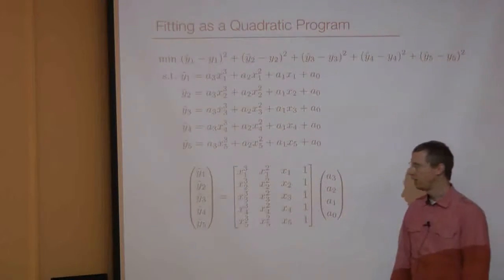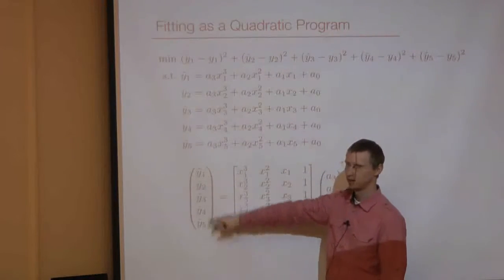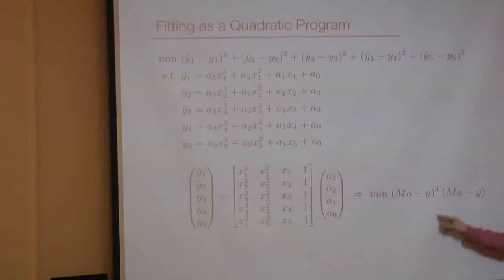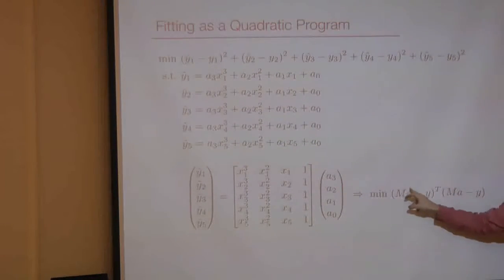And in the same way that we have aggregated all estimates into one vector, we can equally aggregate the vector of measurements into one large vector. And then we can equivalently rewrite the cost function that we want to minimize into this form. Okay? So this M times a, this is the matrix M, this is the vector a. That's the estimate.